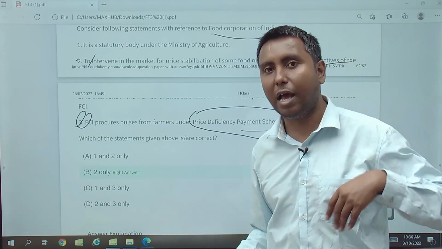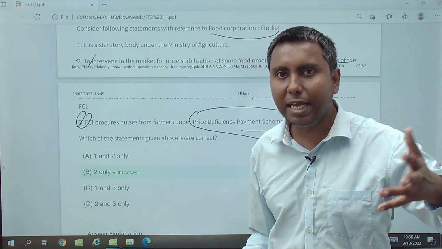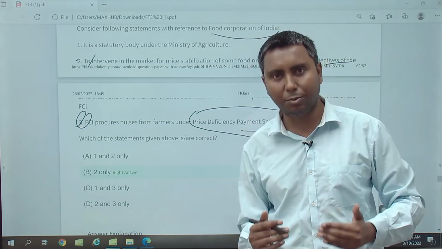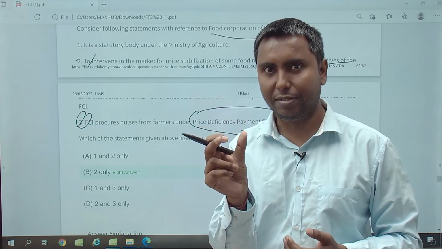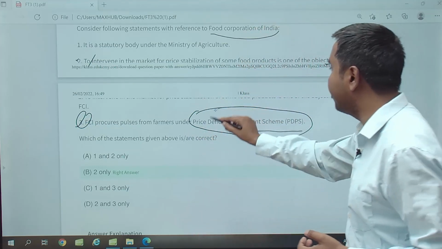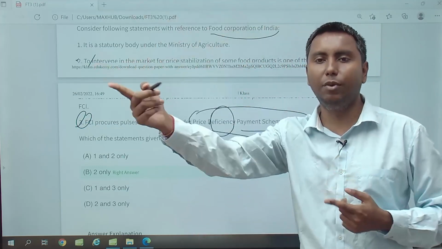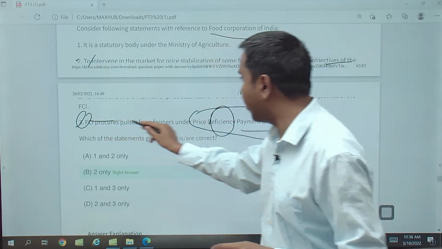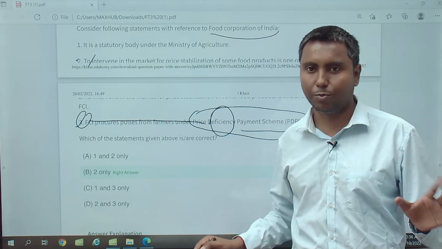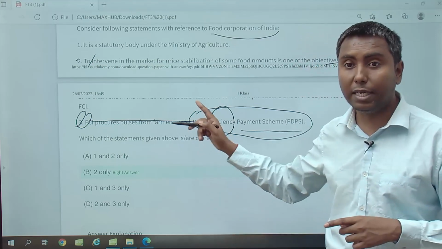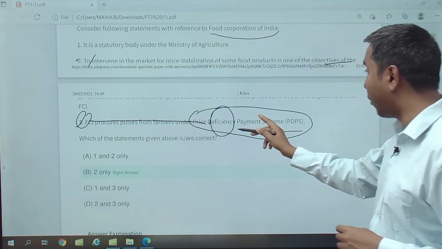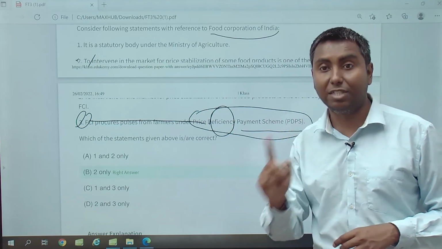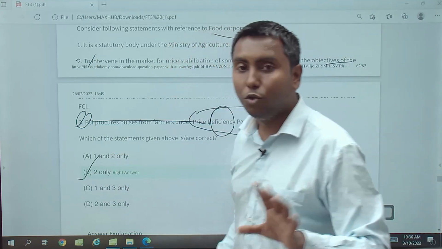Farmers have to sell in the mandi, and then if the selling price is below MSP, they will get the difference. That is the meaning of deficiency. Price deficiency will be paid, there is no physical procurement. So this statement must be incorrect, that FCI procures pulse. So for getting this question right, you should have known about the price deficiency payment scheme as well. The answer is 2 only.